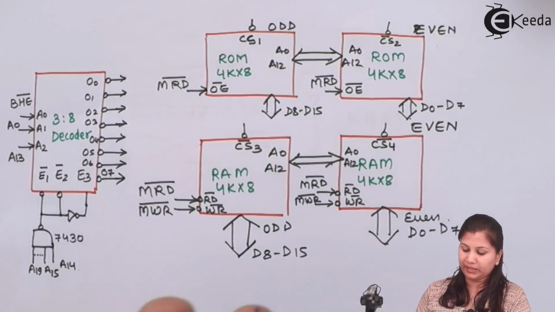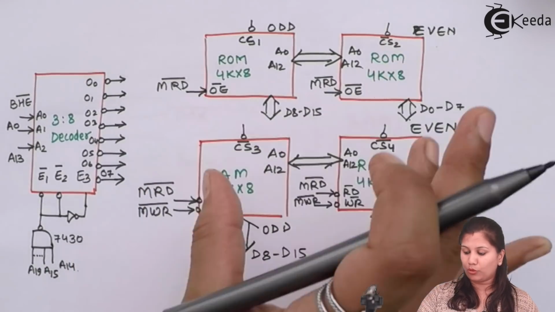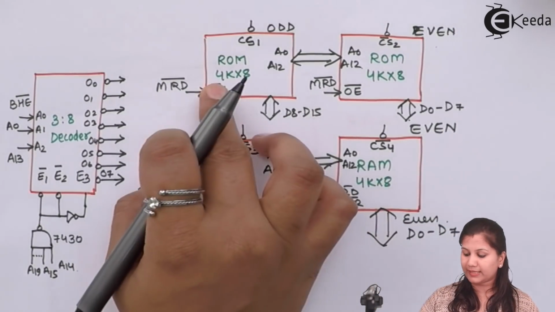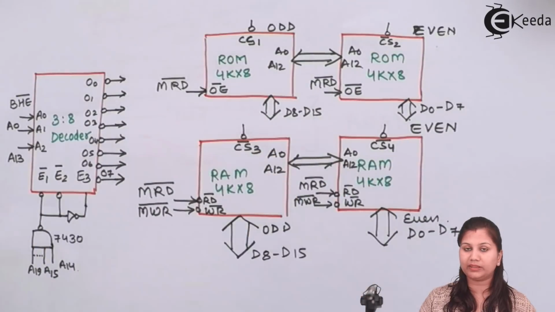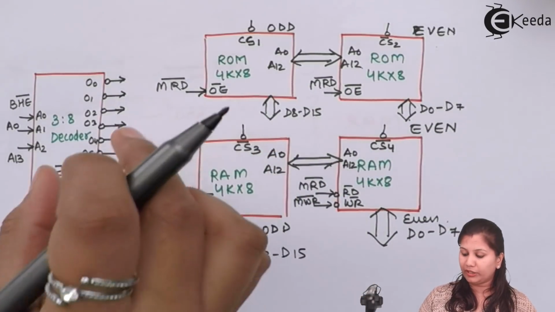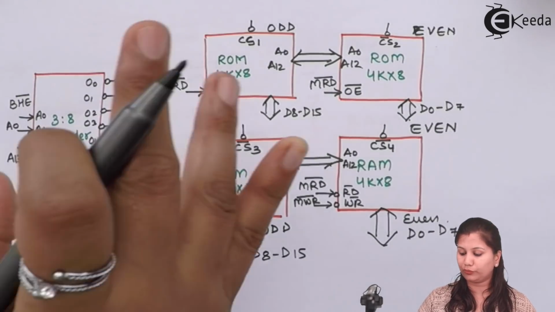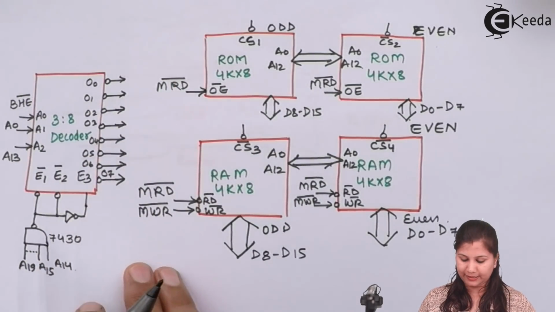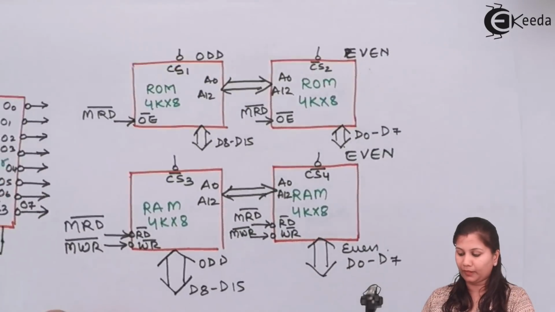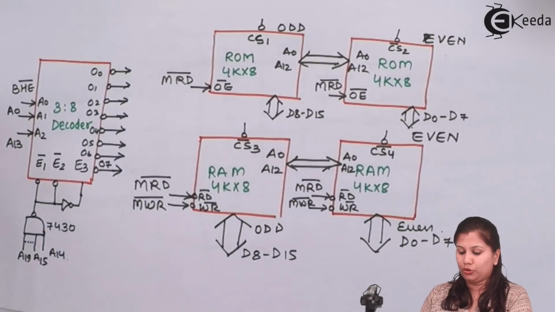So this is how we can interface the 4 memory chips which are of the size 4K into 8 with the microprocessor. We use the 3:8 decoder to form the chip select signal.